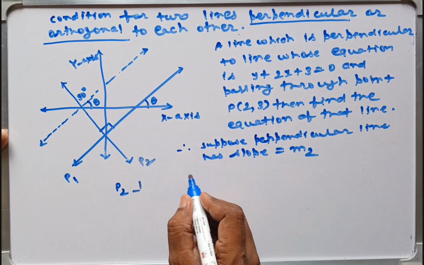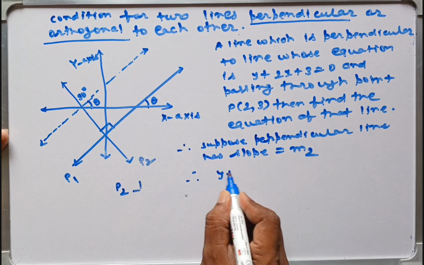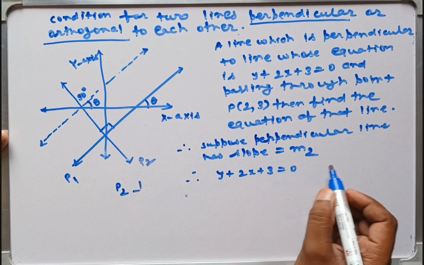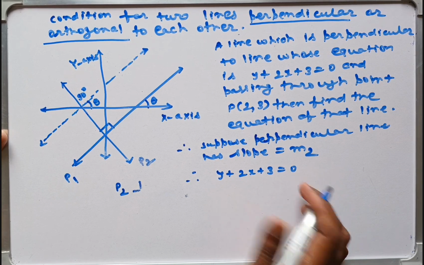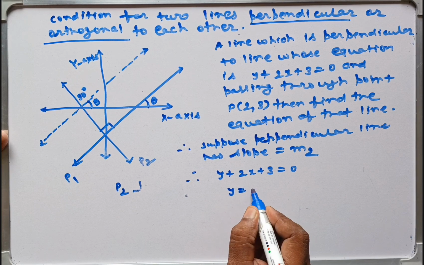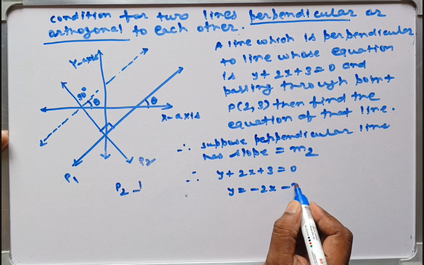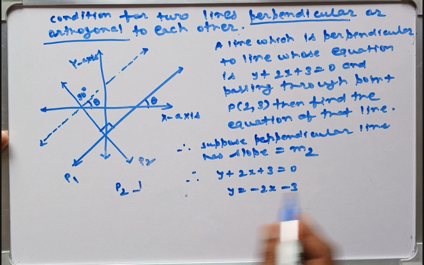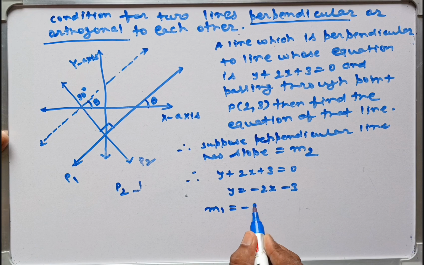You have been given the information that y plus 2x plus 3 equal to 0 is a straight line, so y equals minus 2x minus 3. If we say the slope of this line is m1, then the m1 value is minus 2.